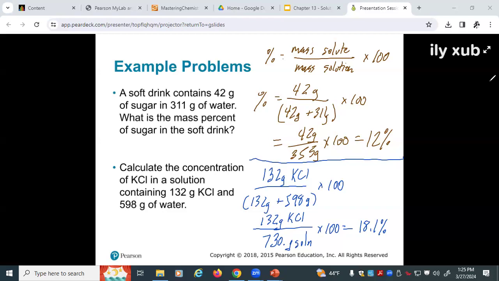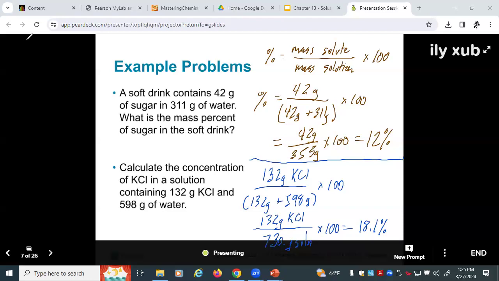And if that's the case, you don't do the addition, because the mass of the solution is what's supposed to go in that denominator. But in both of these cases, they were giving us the mass of the solvent. So I need to put the solvent together with the solute to give us the total mass of the solution. Right. Any questions with either of these two example problems?